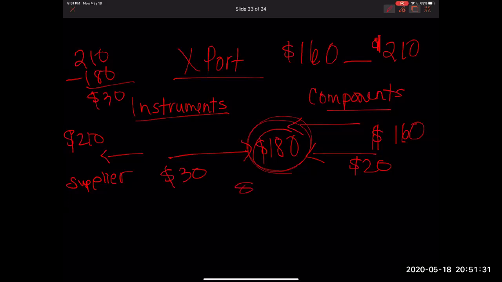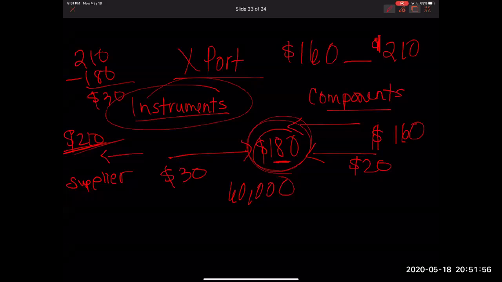So they're asking us how much each division will save and then the overall company. Now we're talking about a total of 60,000 units. That's what's at stake right now. So looking at it from the instruments perspective, if they can buy it from the components division for 180 versus the $210, they're saving $30.